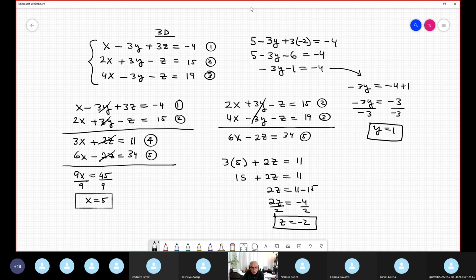So we have one unique solution in the 3-dimensional space. The solution we can represent as a point in 3D. And a point in 3D has 3 components, x, y, and z. Now you represent it like an ordered triple, like that: (5, 1, -2), exactly in alphabetical order, x, y, and z. Any question?